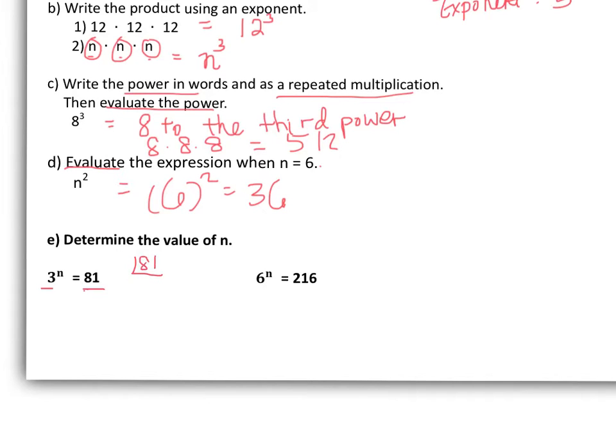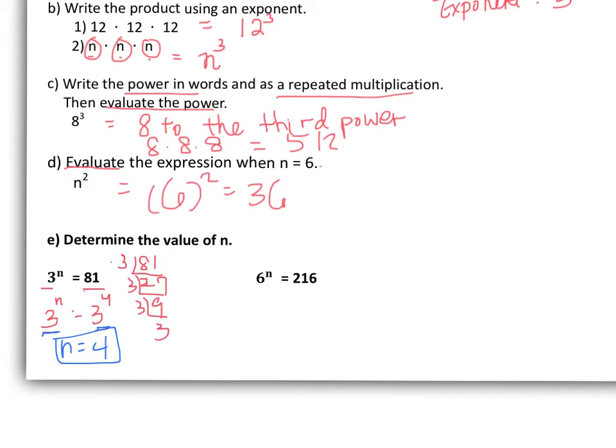By using the upside down division, I know that 3 to the 4th gives me 81. So now that I have the same base, I can say n equals 4.